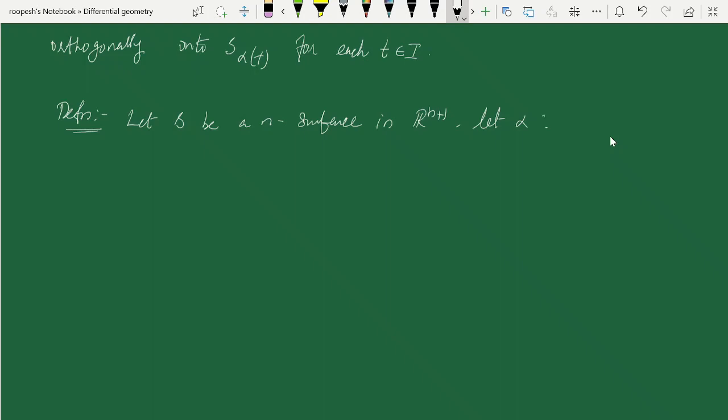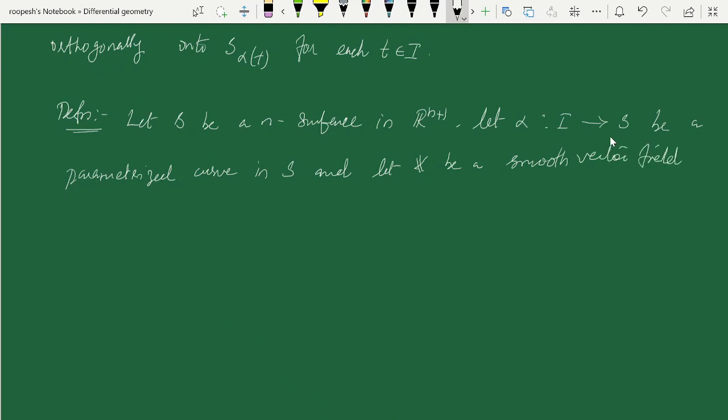Let alpha from I to S be a parameterized curve in S, and let X be a smooth vector field tangent to S along alpha.